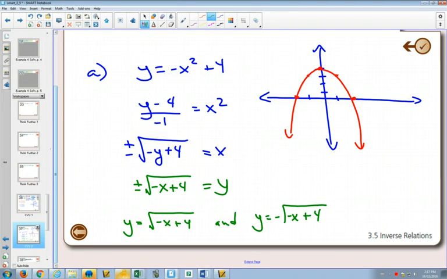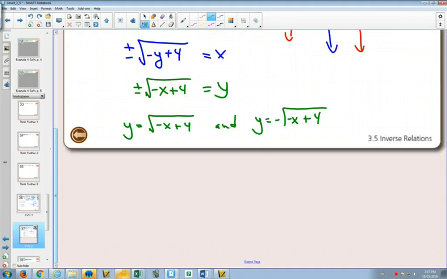What's our parent graph? For negative square root of x, negative x, sorry, plus 4. What's the basic graph that starts with? Square root graph, right? What kind of transformations do we have? We got a reflection, and 4 to the left, right? I see lots of nodding.